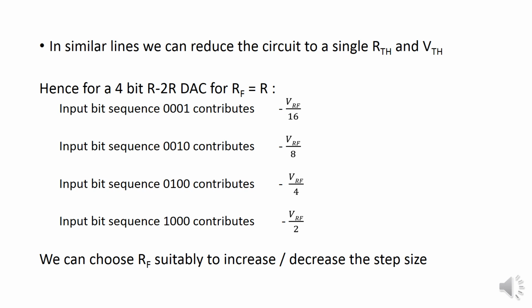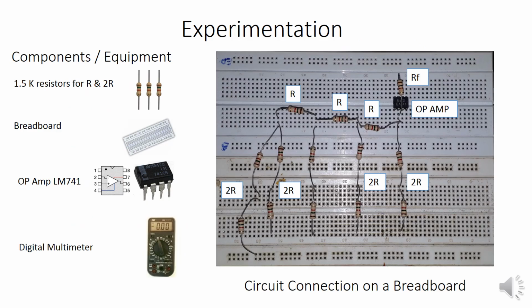Let us see how the experimentation is done using an R-2R ladder network to obtain a digital to analog converter. What are the components required? Components required are R and 2R resistors, a breadboard, an op amp, a digital multimeter and a trainer board.